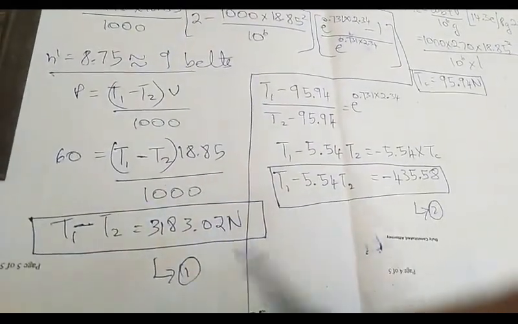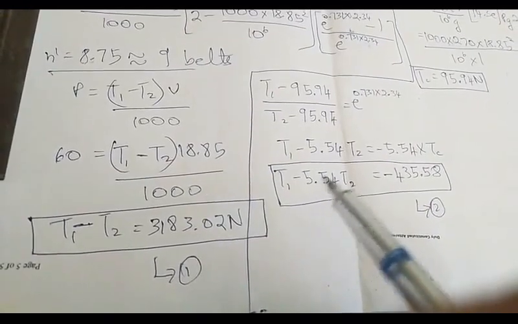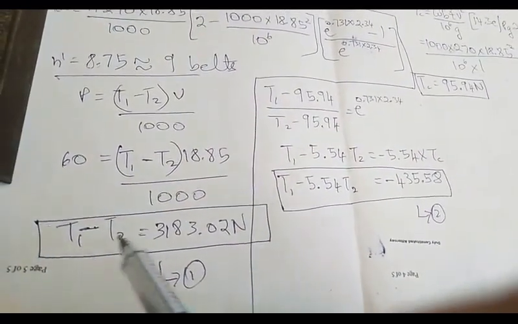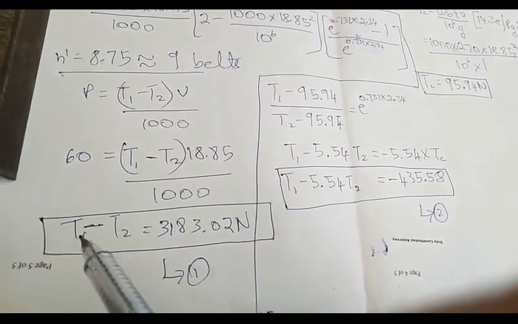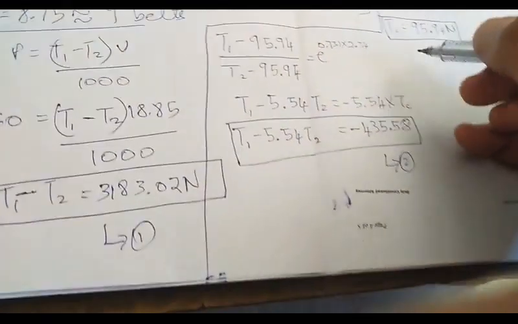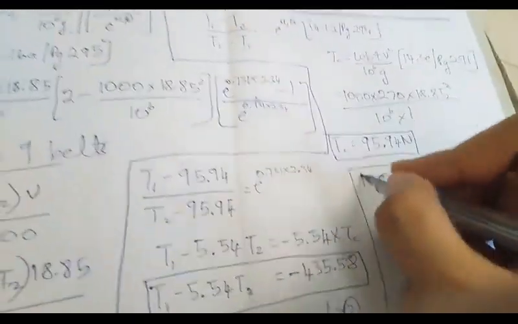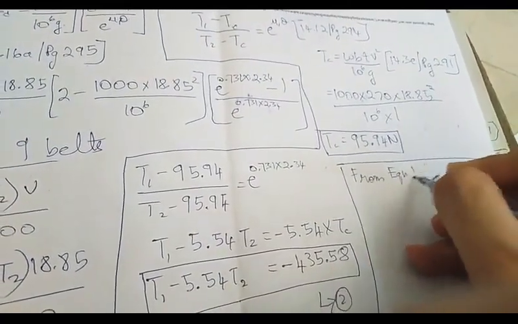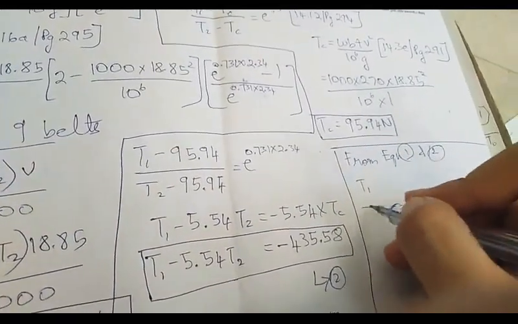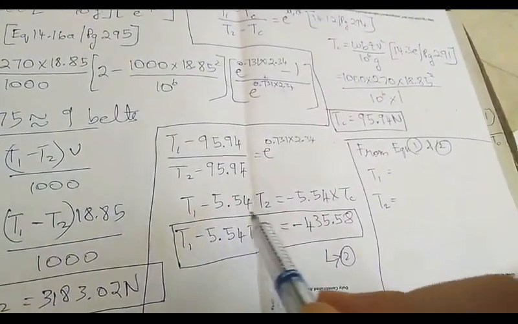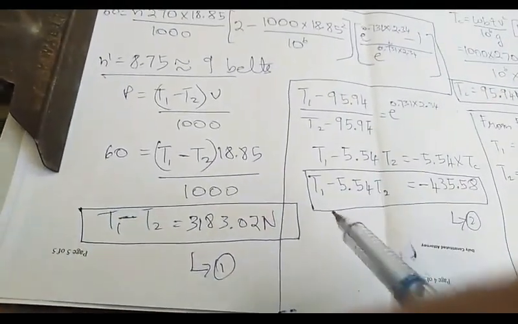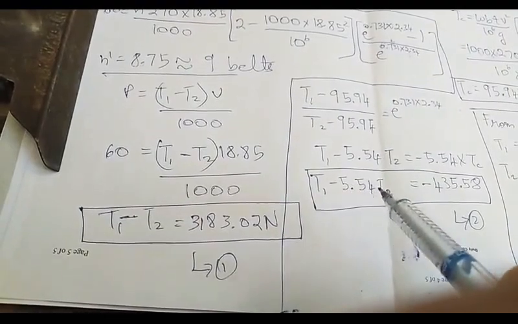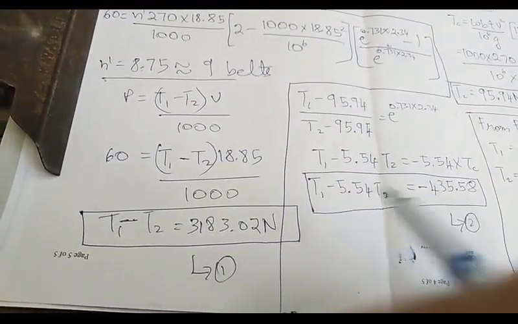First we send the 5.54 T2 to the RHS, then this equation becomes T1 is equal to something.